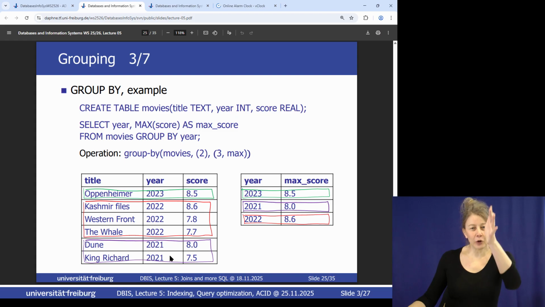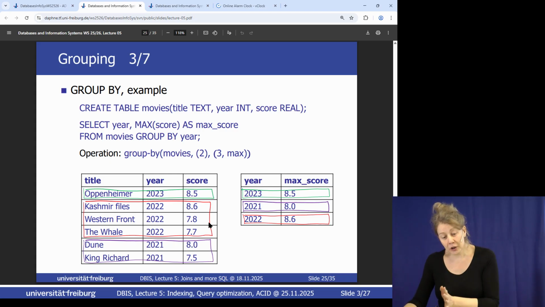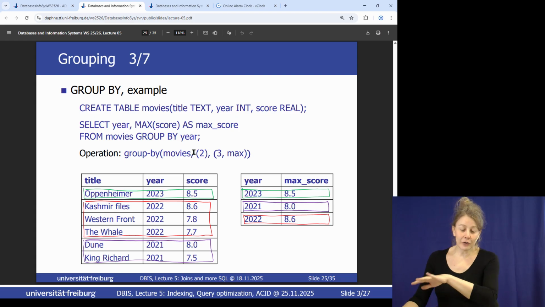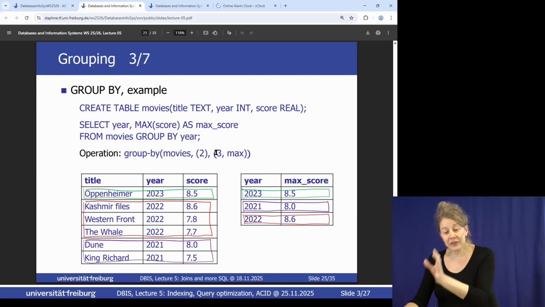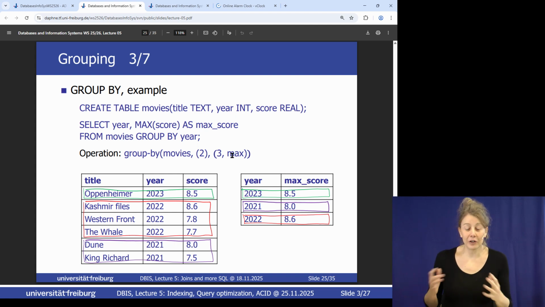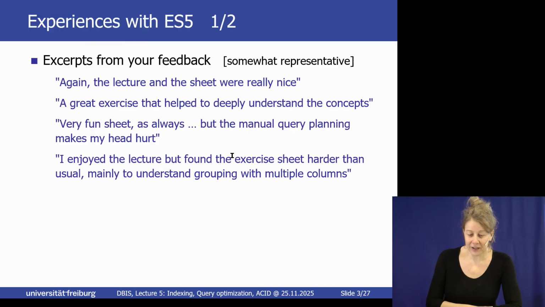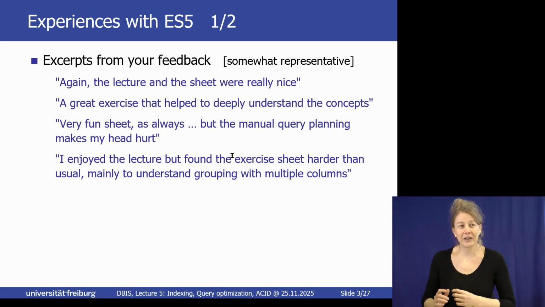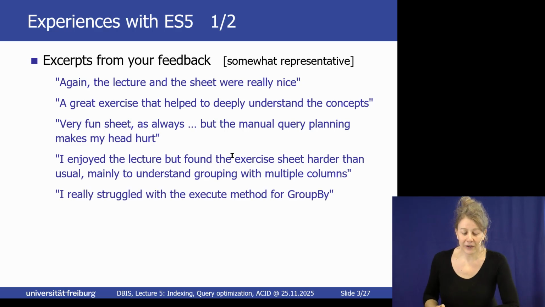So you have something on which you group, which is one column in this example, but can be many columns. And then you have the things on which you do not group, but which you aggregate. So you have the thing on which you group, which is a subset of the columns, and then you have some columns on which you do not group, on which you aggregate, and you do something different for every column. I think the interface for this was hard to understand for some of you, and I think that was the reason. If it was something else, please tell me. But I think that was the reason. Once the interface is clear, I think it's not hard.